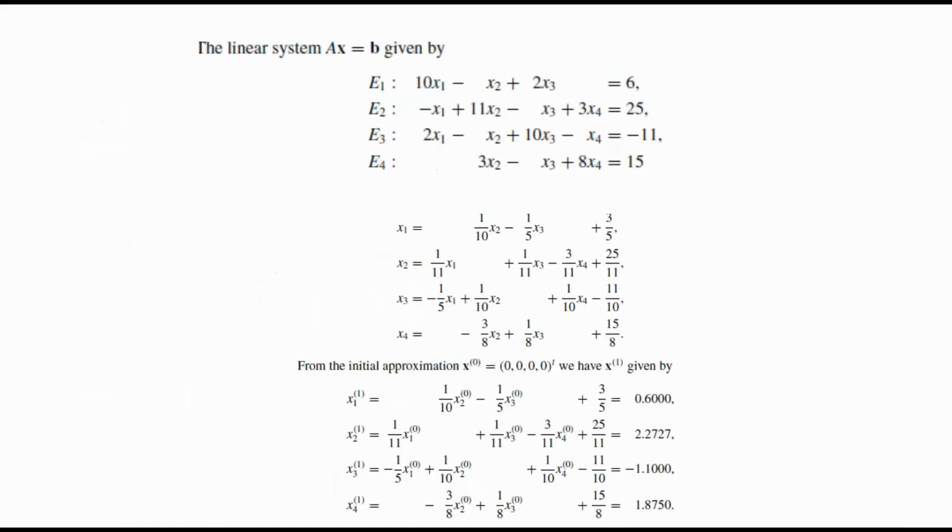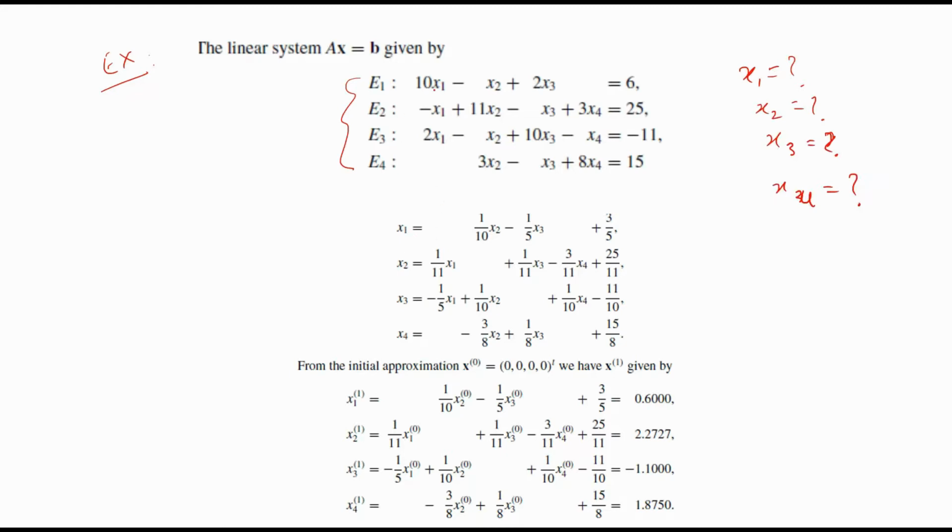For illustration purposes, I have taken this example. I need to solve this system of linear equations where x1, x2, x3 and x4 are unknowns, and we are interested in finding these unknowns with the help of the iterative technique.